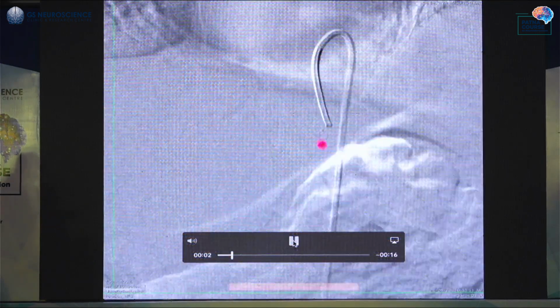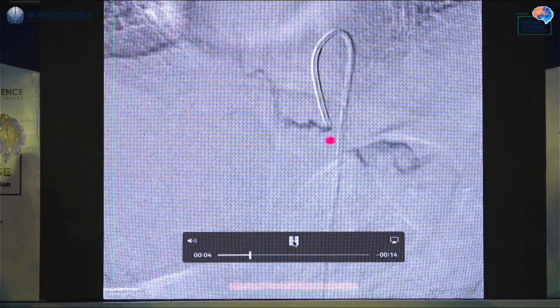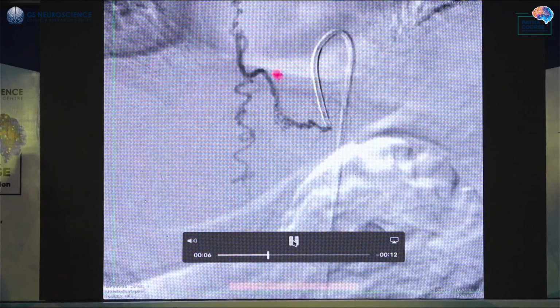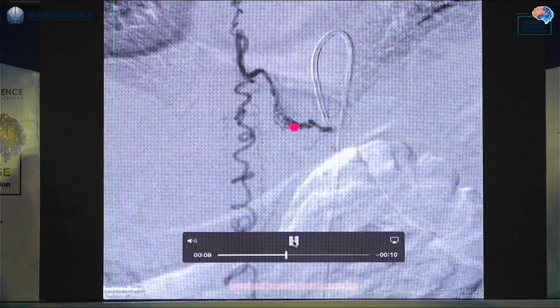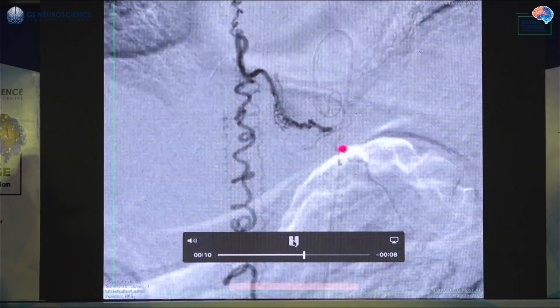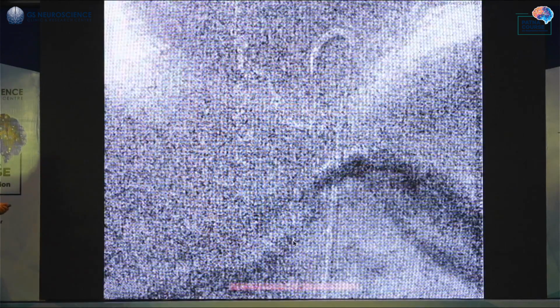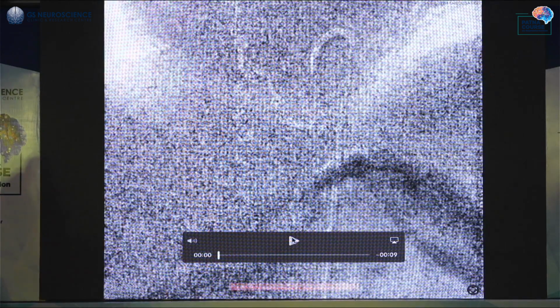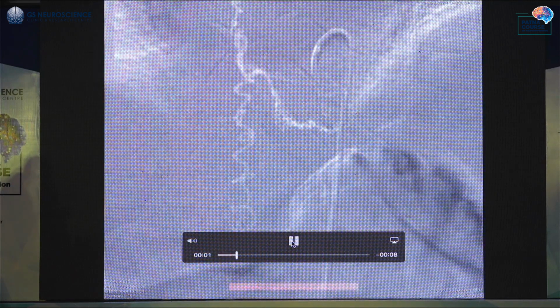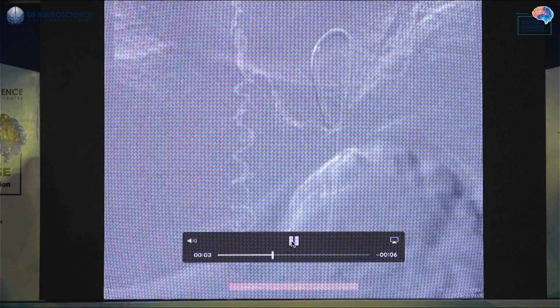In the lateral angulation, you see your entire fistula site much better. You can see that this is your entire target that you want to fill. You are seeing a small radiculomeningeal twig which is coming down, that is of no concern. And then subsequently, you do the glue injection. I hope this is the glue injection.